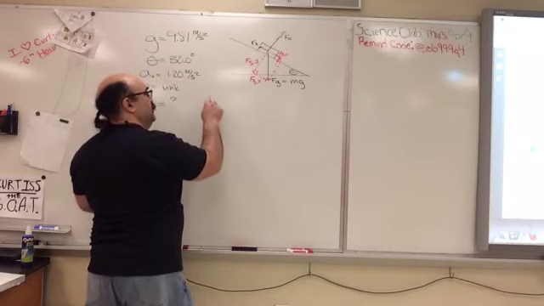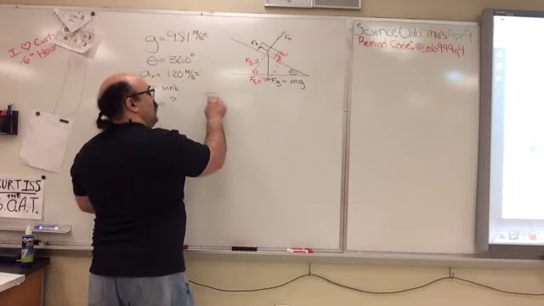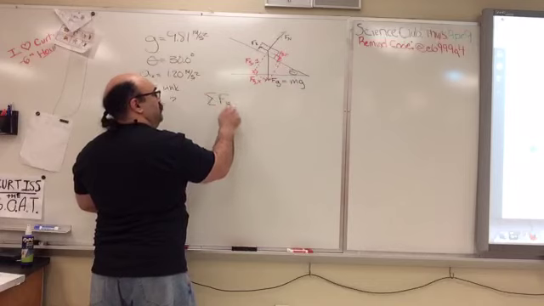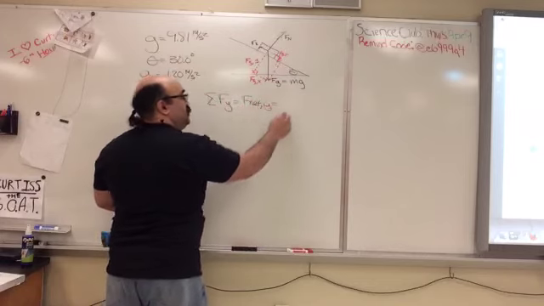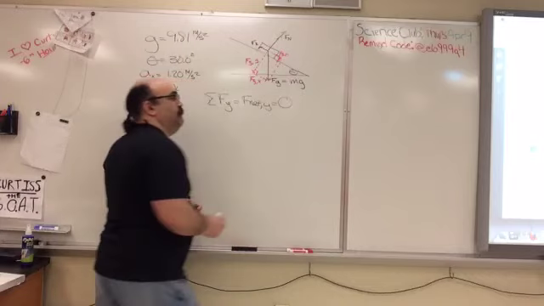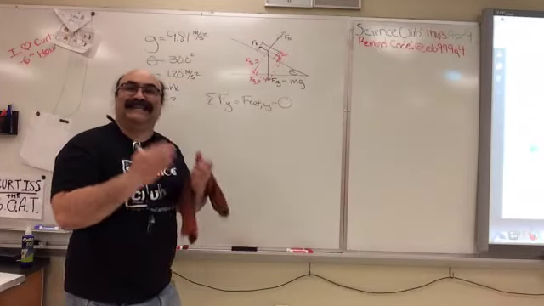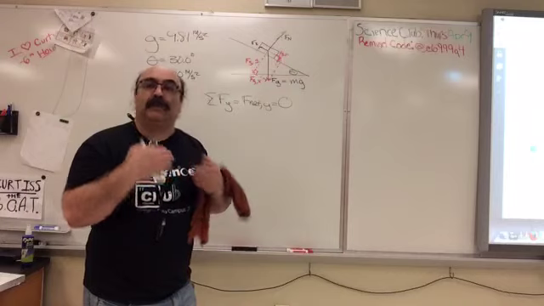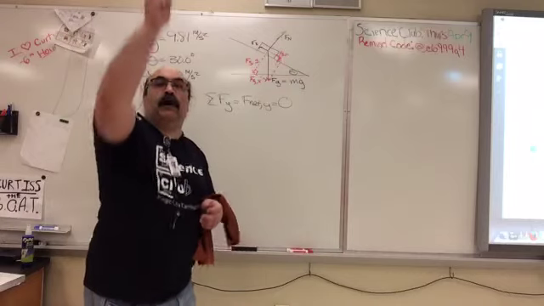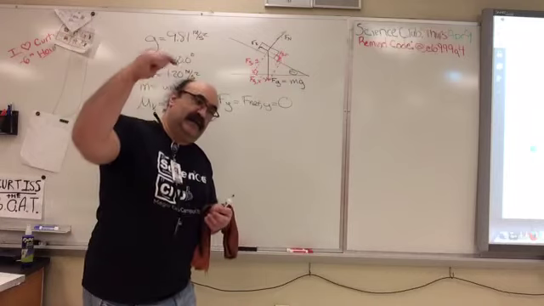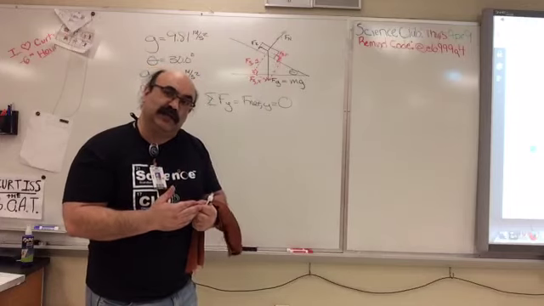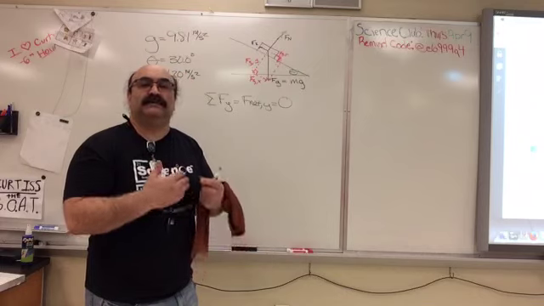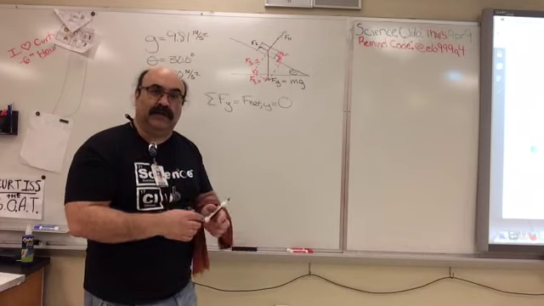We also know then that the sum of the forces in the y direction must be equal to the net force in the y direction, which is equal to 0. Why? It is not accelerating vertically. It is not moving off the incline upwards. It is not going into the incline downwards. If there is no acceleration, the force then has to be 0 along that axis.